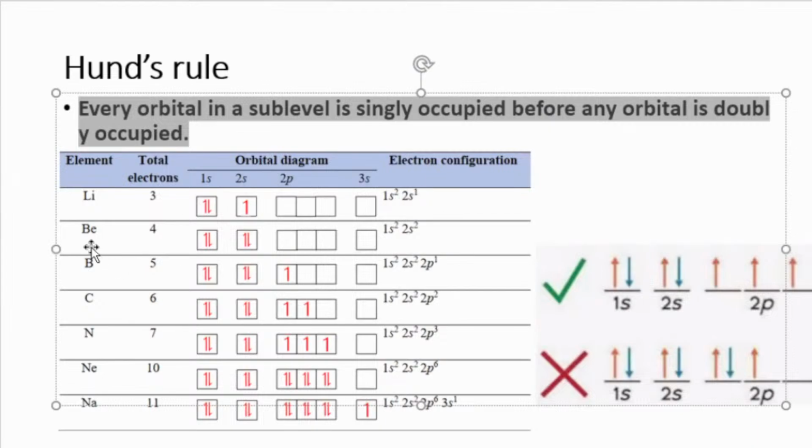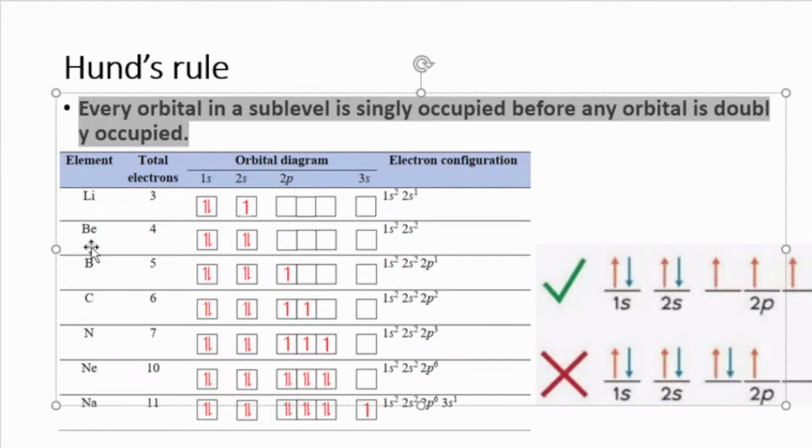For beryllium also, the atomic number is 4. So there are 4 electrons. We divide them as 2, 2, because the first energy level can occupy a maximum of 2 electrons.